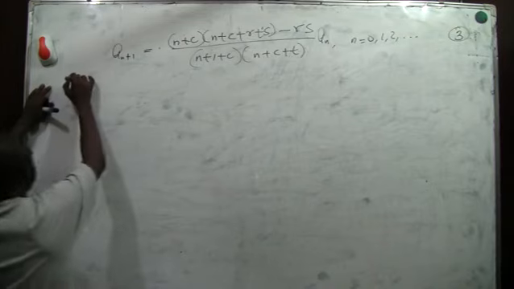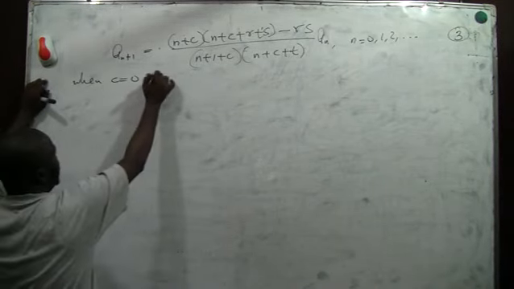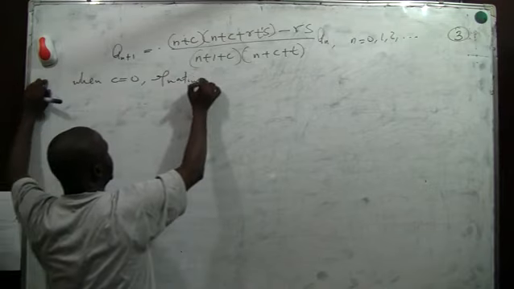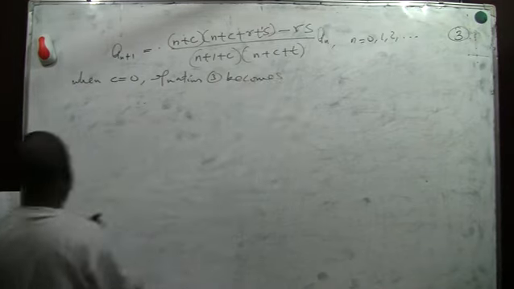So when c equals 0, equation 3 becomes, what will it become?